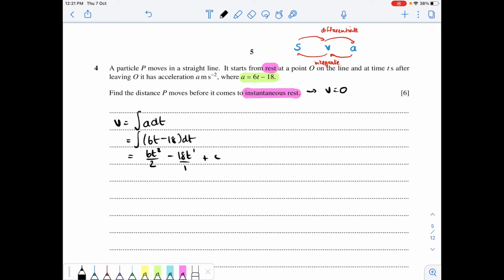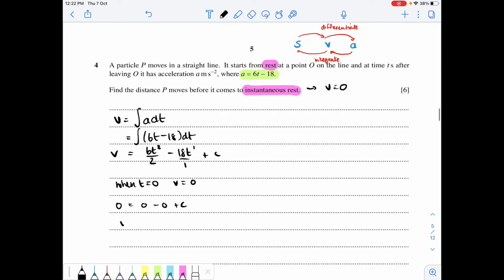Well, when we start at time 0, the particle is at rest, so when t is equal to 0, v is equal to 0. We've just integrated and found the velocity function. And so we can say 0 is equal to 0 minus 0 plus c, and so therefore c is equal to 0. So we can write our velocity is equal to 3t squared minus 18t.